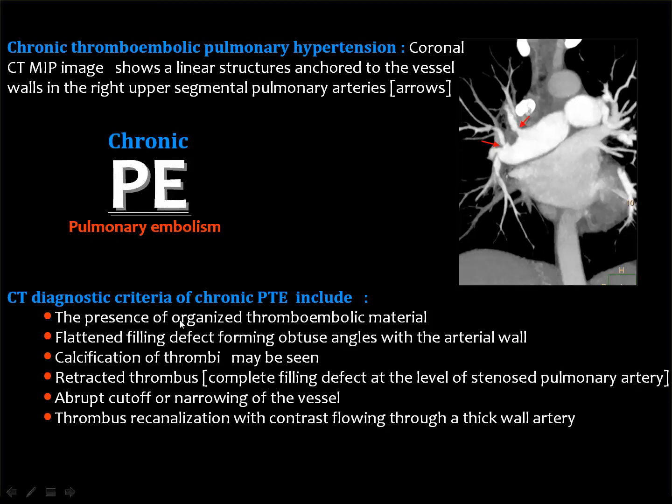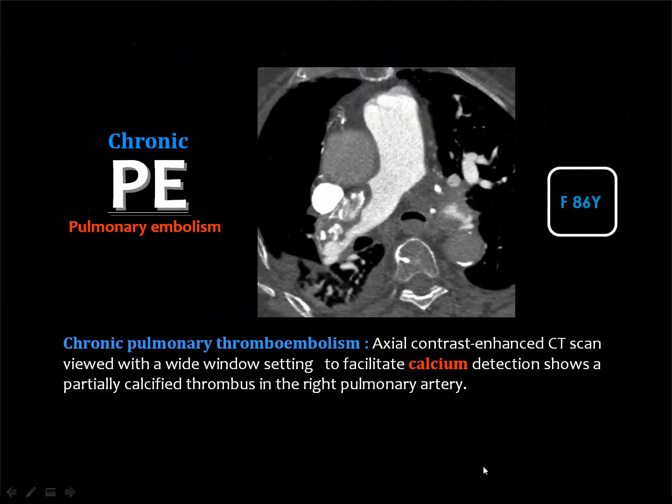The CT diagnostic criteria of chronic pulmonary embolism include the presence of organized thromboembolic material, a flattened filling defect forming an obtuse angle with the arterial wall, I will show this to you, the presence of calcification of the thrombus, retracted thrombus, which means an eccentric location of the thrombus, abrupt cutoff or narrowing of the vessel, and thrombus recanalization with contrast flowing through a thick-walled artery.